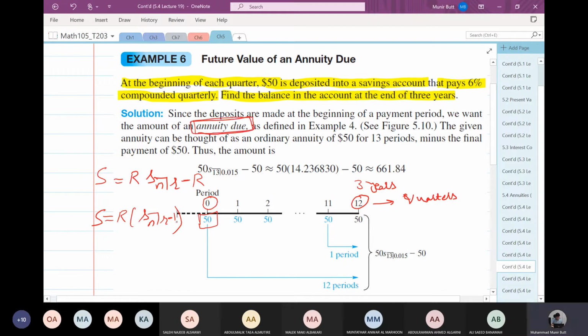Now we just simply put the given information in the formula and you will get the answer. What is the information? What is R? Definitely it is 50. And what is S? We have to find it. What is N? N is again the same thing, 12.